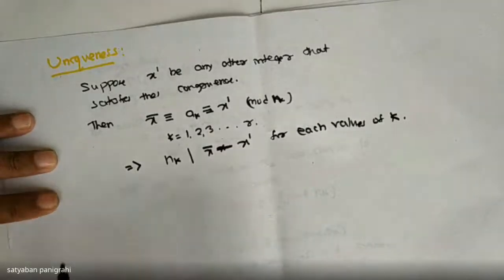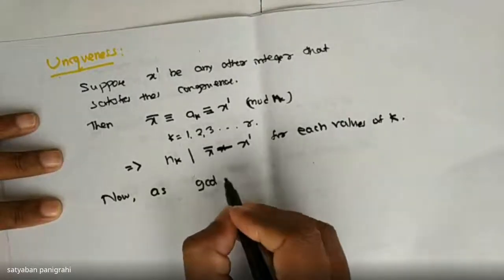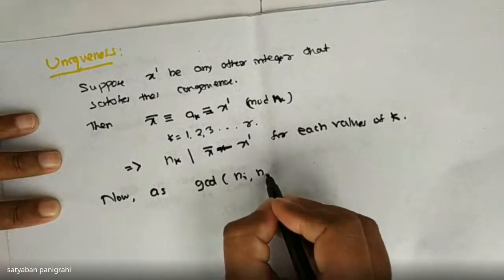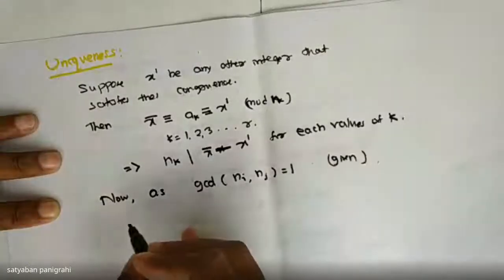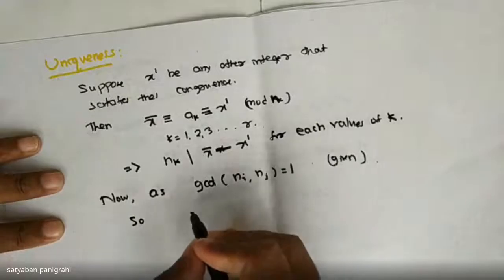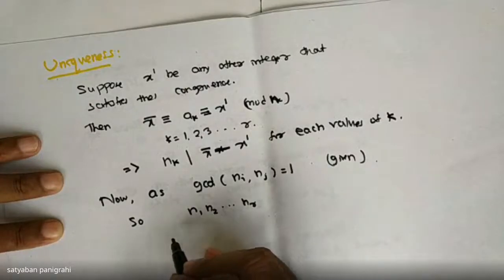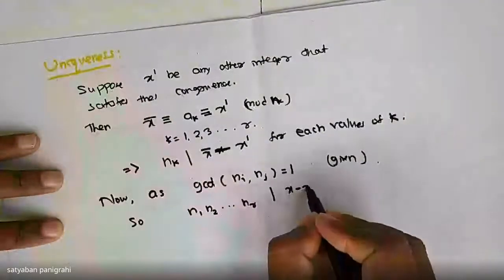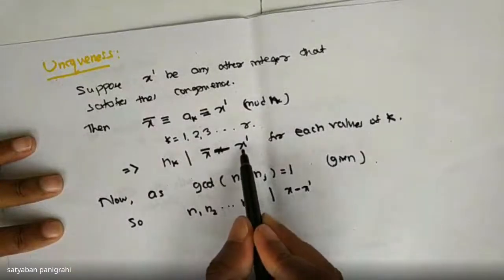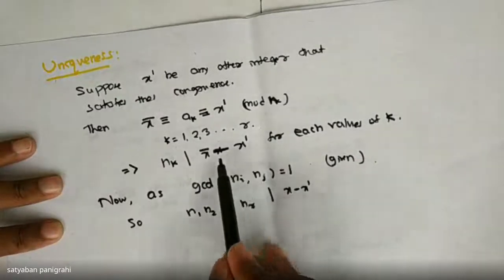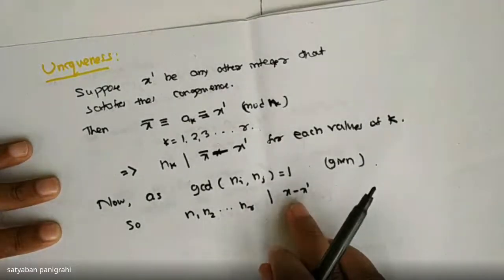Now, as GCD of Ni and Nj equals 1, that is given, the product N1·N2·…·NR must divide x bar minus x dash, because N1 divides x bar minus x dash, N2 divides x bar minus x dash, N3 divides x bar minus x dash. So all these product must also divide x bar minus x dash.